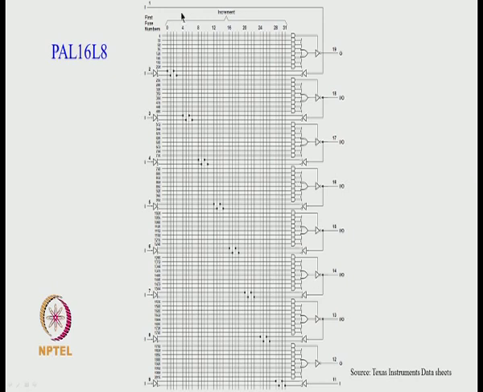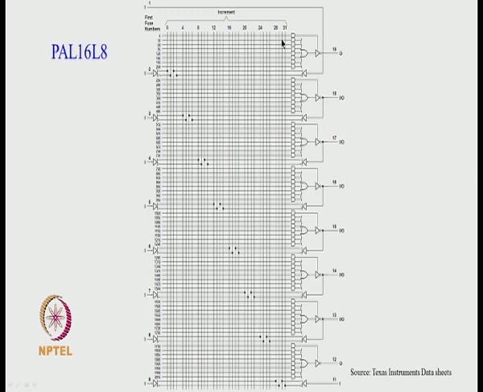Take this input: it goes directly through a buffer and through an inverter, which show the buffer and inverter together, giving two lines. Instead of showing it here, to save space it is shown on the side. So lines 2 and 3 are the complement, and likewise 1 and 1 bar are these two. Then you have another input 2, and so on.